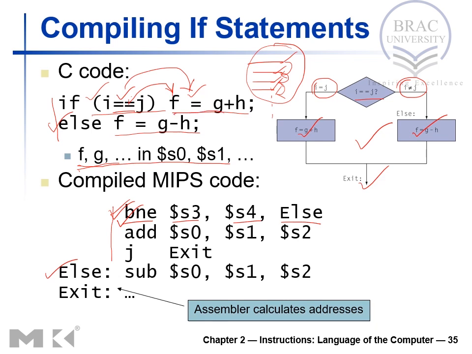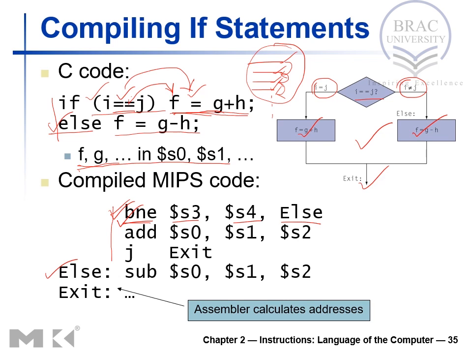You have methods of calculating the memory address for this instruction, but you do not know where else is, so you need to know the memory address of else. The branch instruction calculates the address for you, but you need to tell it that you need to branch now. That's why we started with the not-equal instruction, because we know that if the condition i equals j is satisfied, then the next instruction automatically executed is f equals g plus h, and that ends the program.